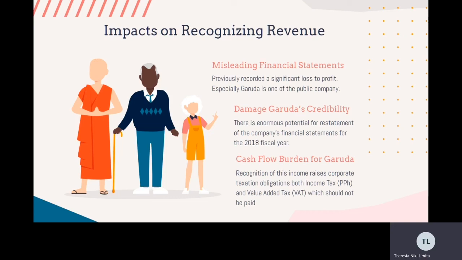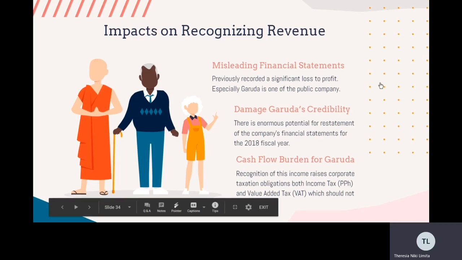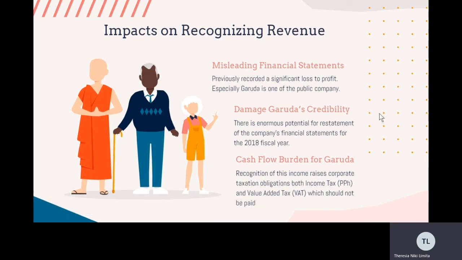And then the last one is cash flow burden for Garuda. The cash flow burden relates to the tax, which is income tax or value-added tax that should not have been paid at that time, but they must pay because they have profit.